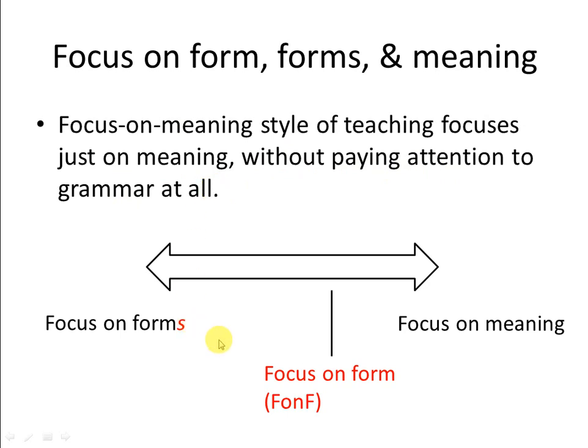So on this continuum, we have focus on forms at this end, and we have focus on meaning at this end, and we have focus on form closer to focus on meaning. So the primary focus is on meaning, but sometimes the learner's attention is drawn to form. Okay.